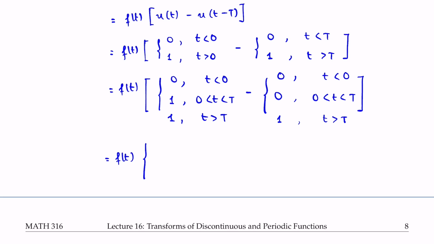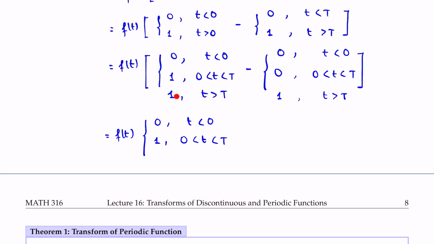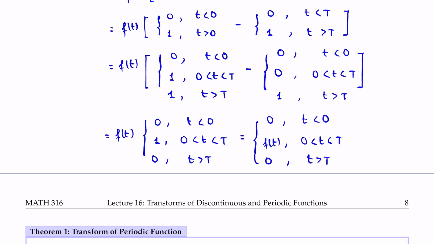So 0 minus 0 becomes 0 when t is less than 0. 1 minus 0 is equal to 1 when t is between 0 and capital T, and 1 minus 1 is equal to 0 when t is greater than capital T. And then you can multiply the f of t into the piecewise defined function, and you get 0 when t is less than 0, f of t when t is between 0 and the period, and 0 when t is greater than the period. All right, so that is the window version of the periodic function.